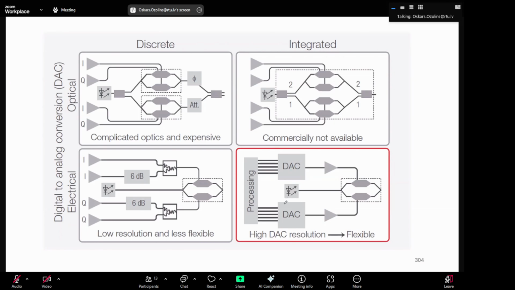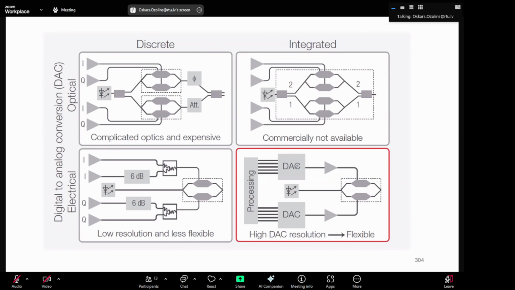I think the most popular approach to get from bits to symbols is using digital to analog converters and driver amplifiers. And then you can also do quite a lot of signal processing already in the transmitter itself. So the resolution is rather high for these digital to analog converters, right?